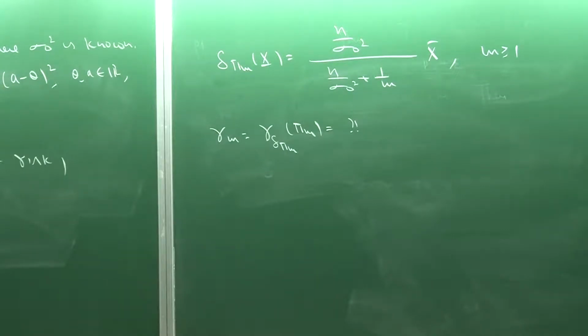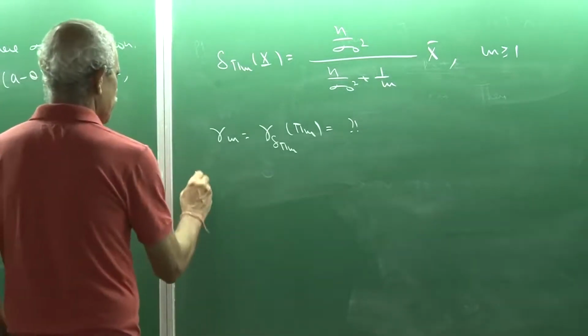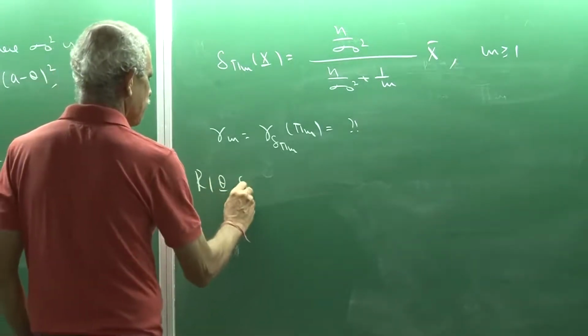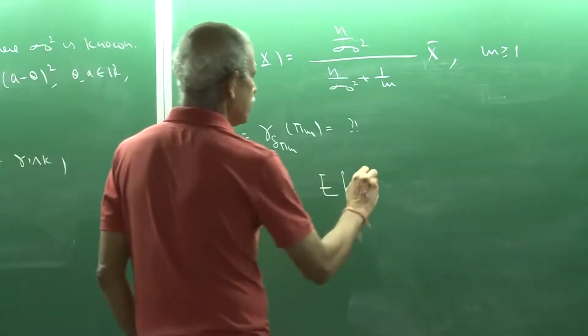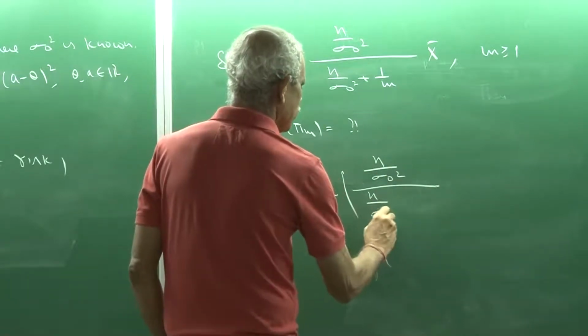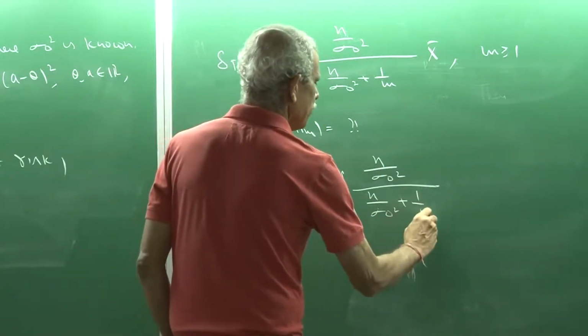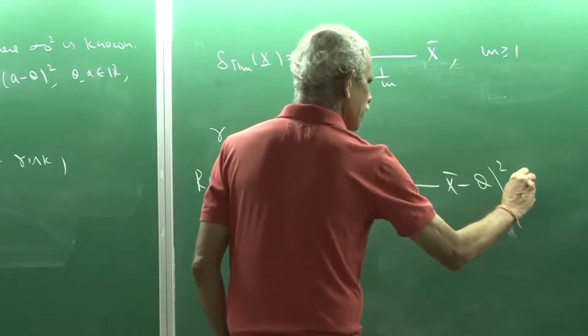Let us first try to find its usual risk, R theta delta pi m, which is nothing but the expected value of n by sigma naught square divided by n by sigma naught square plus 1 by m, x bar minus theta, whole square.